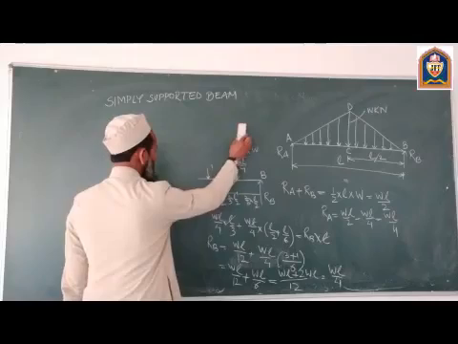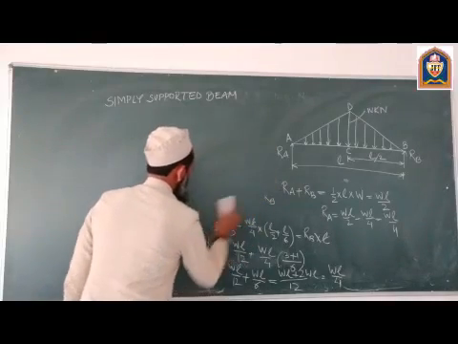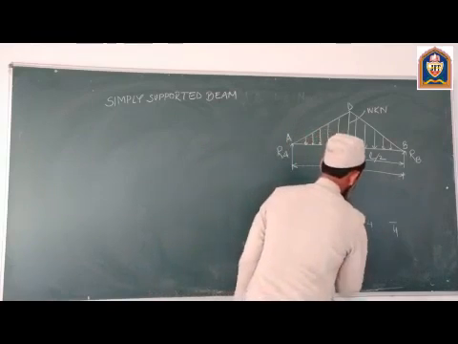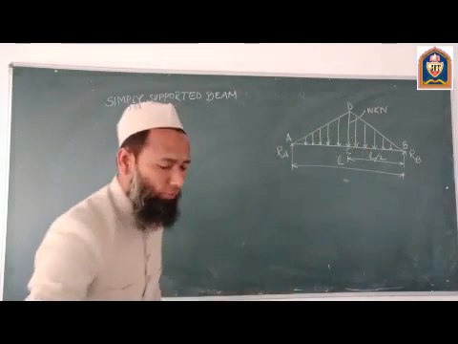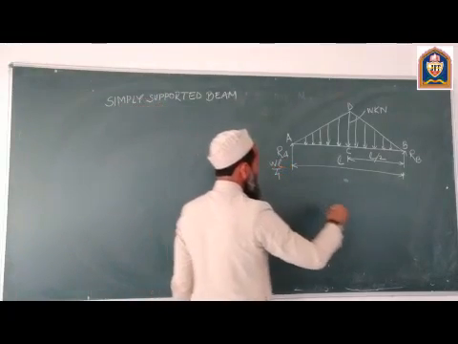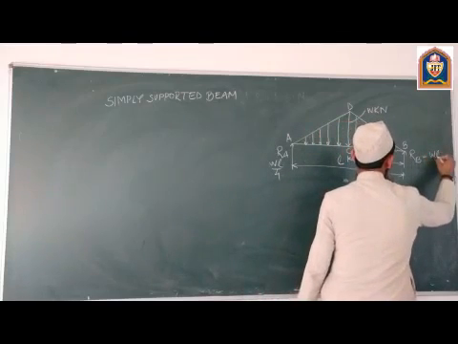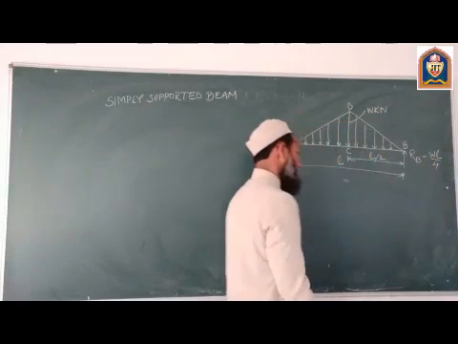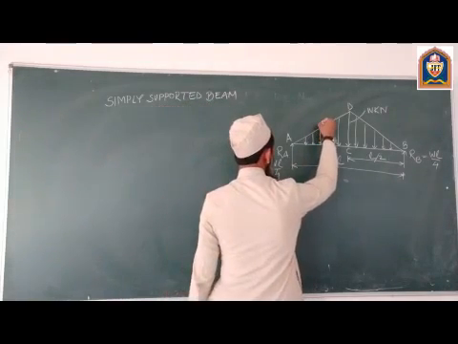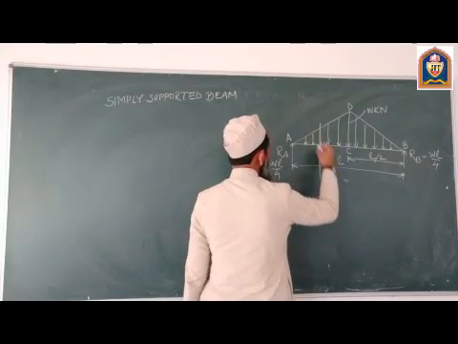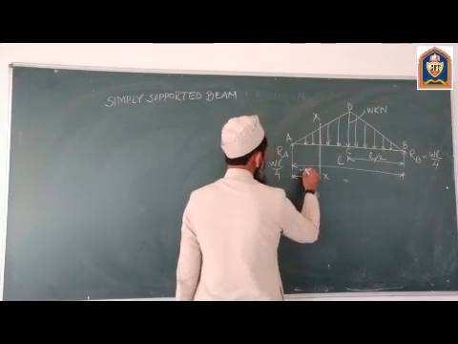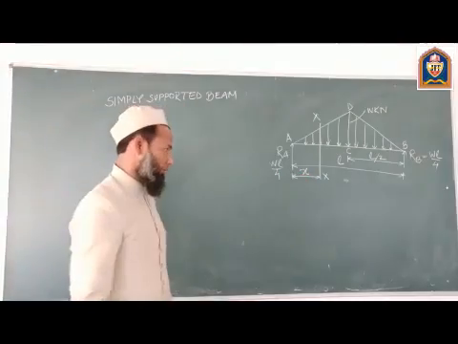Now I am going to rub this. So we have got the values of the reactions. Here it is WL by 4 and this is also equal to WL by 4. Now we have to find out the rate of loading. So let us take a section X, and this distance from the end A is x.